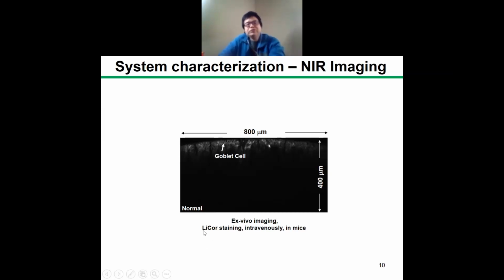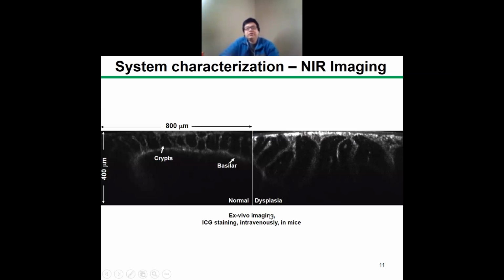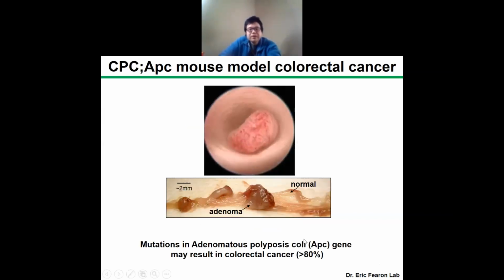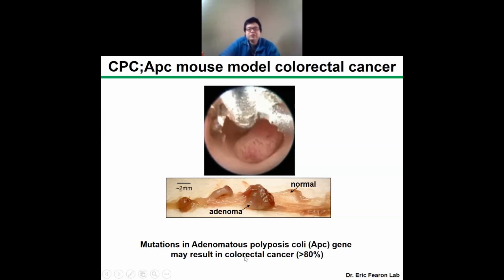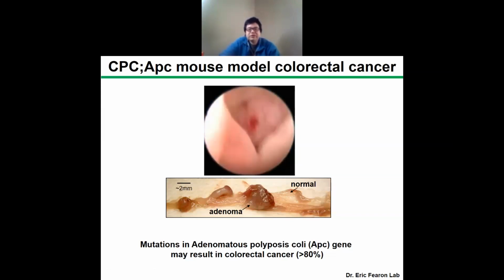First we demonstrate the system in normal tissue and also dysplasia tissue in an animal model, which is an APC mouse model, mimicking rectal cancers. This was originally developed by Professor Eric Fearon's lab at the University of Michigan. The APC mouse basically has a mutation in the APC gene, which can result in rectal cancer mimicking the human disease.